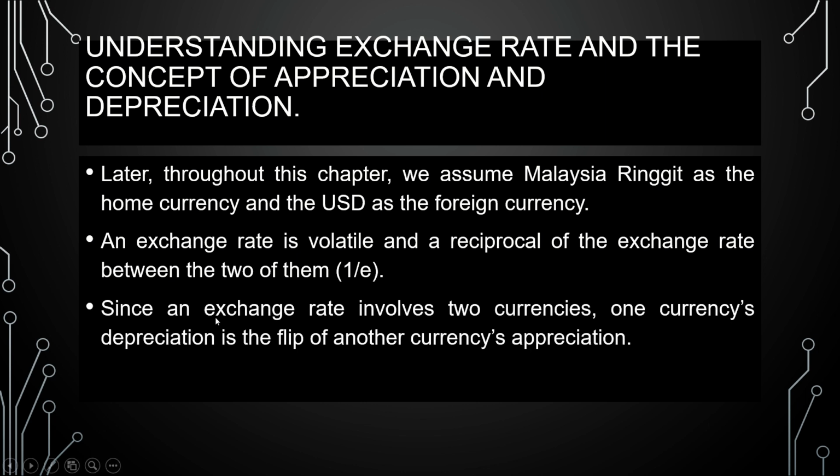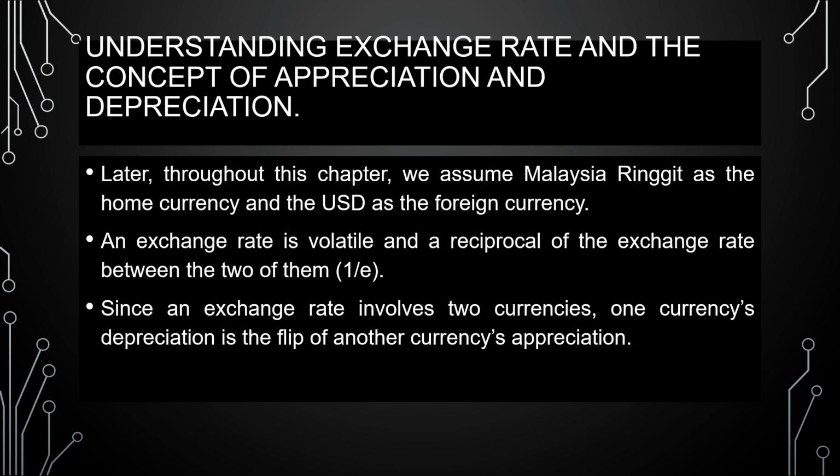Since an exchange rate involves two currencies, one currency's depreciation is the flip of another currency's appreciation. Like we discussed in video 1, back in 2019, to buy 1 USD you needed 4 ringgit and 14 cent. But as at today, October 2020, to buy 1 unit of USD, you need 4 ringgit and 16 cent.